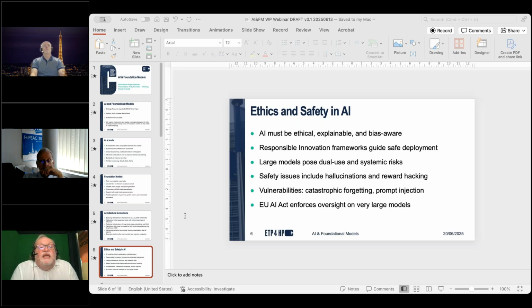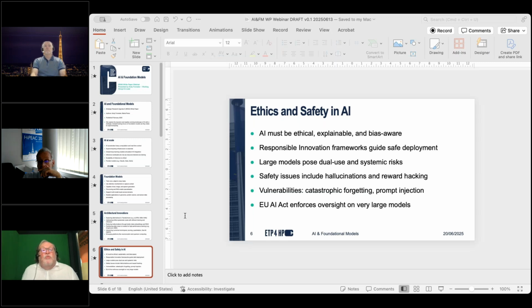So the EU AI Act introduces thresholds at 10 to the power 25 FLOPs, impacting foundation model governance. That represents some common risks: data hallucination, biased outputs, and reward hacking.